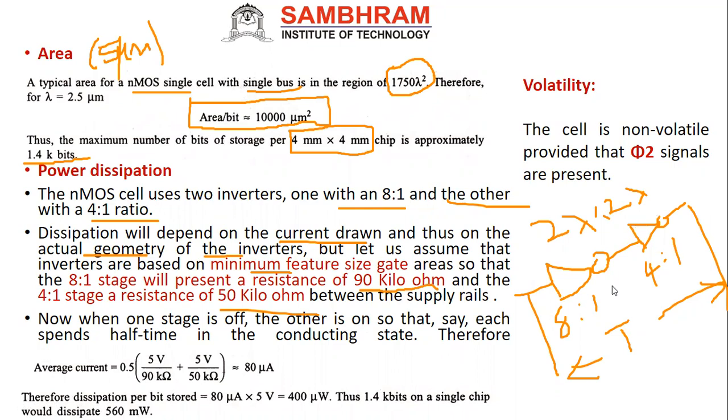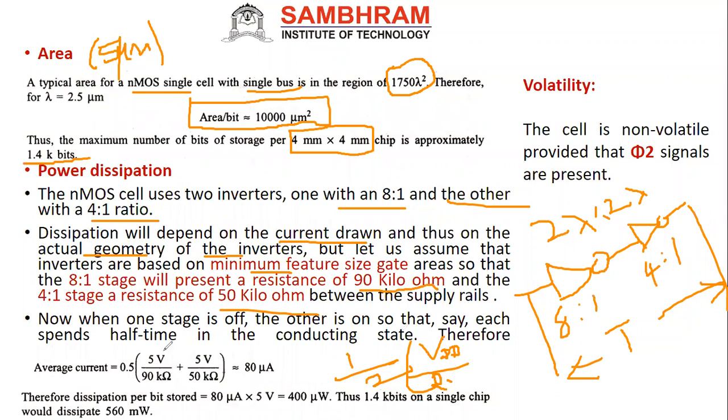Now what will be the average current of these two? The average current I average is, since two inverters are there, nothing but 1/2 into VDD divided by the resistance, that is the 8:1 stage resistance RS, which will be 90 kilo ohm.